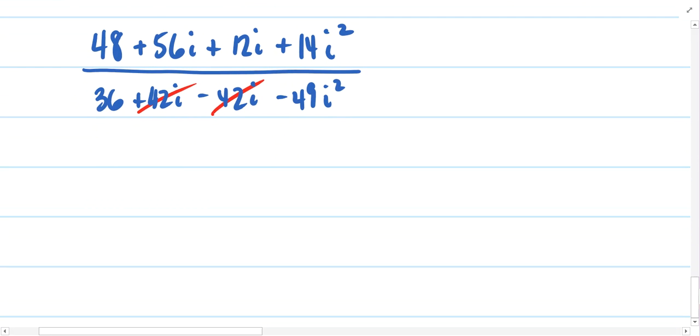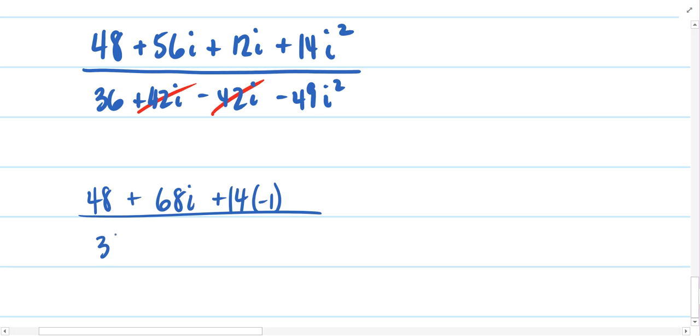So let's keep working on this. In the numerator, I'll change the i squared to negative 1. So we have 48 plus 56i. I tell you what, we can go ahead and combine like terms at the same time as well. And 56i and 12i is 68i plus 14 times negative 1.